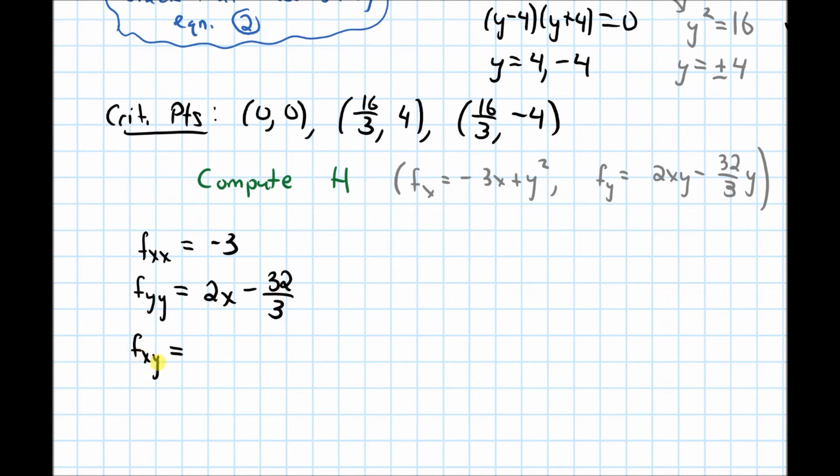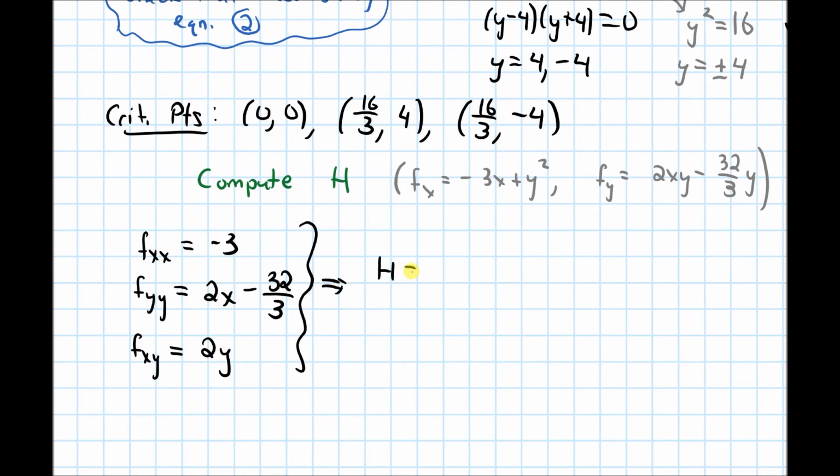And for fxy, technically the order means do fx first, and then do the partial with respect to y. So if I look at fx, and now I do the partial with respect to y, we will get 2y. But by Clairaut's theorem, it shouldn't matter the order that I do these in. Even if I had done the y partial first, and then the x partial second, I would have gotten the same thing.